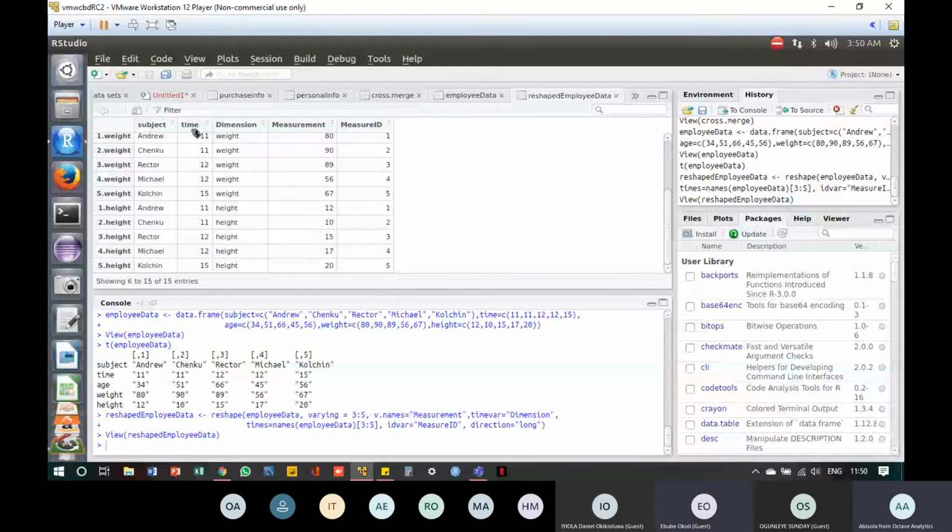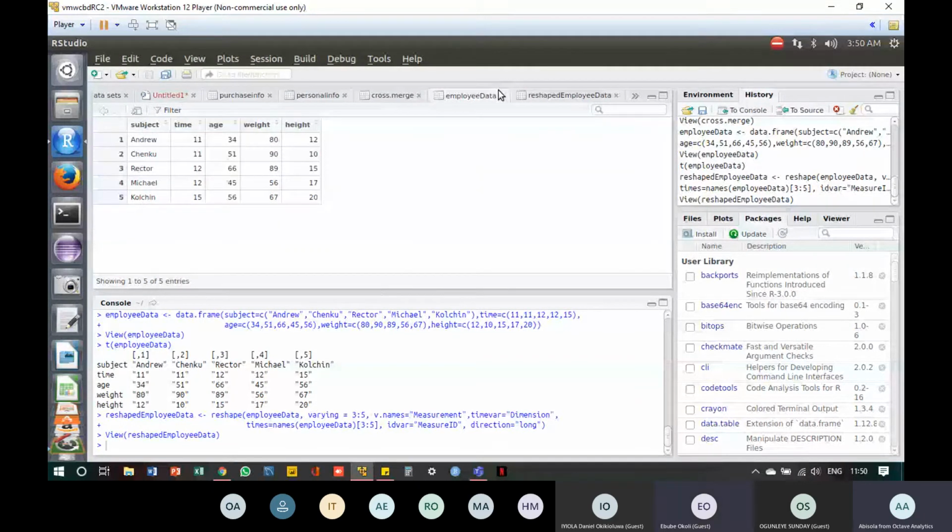I've told you what 3 to 5 is. 3 to 5 is this, age to height, right? And then you want the names of employee data for 3 to 5. So we have 3 to 5 already here, which is age, weight, and height.